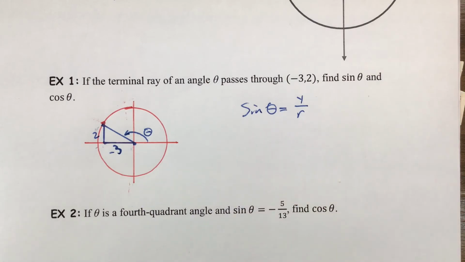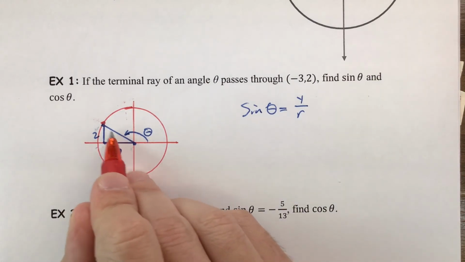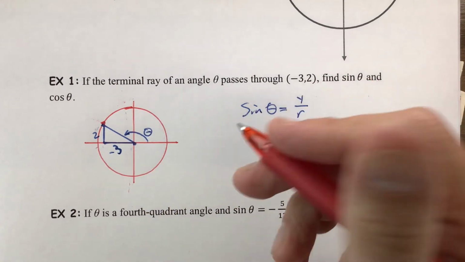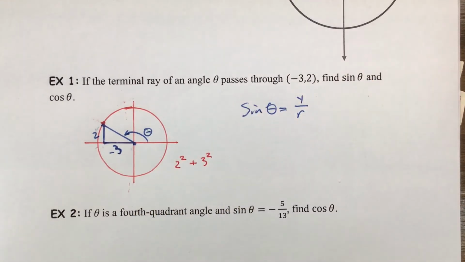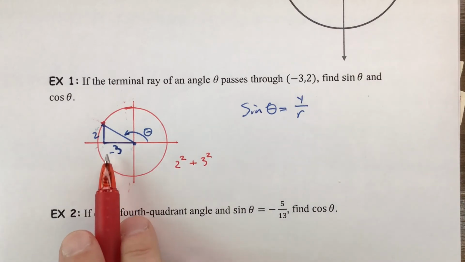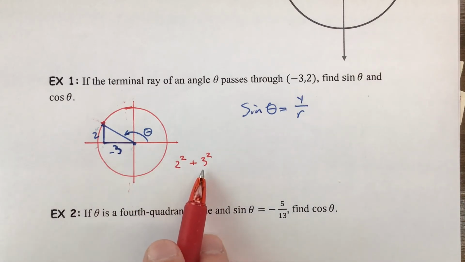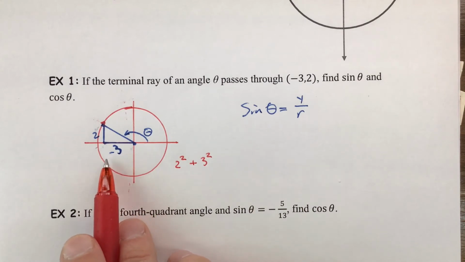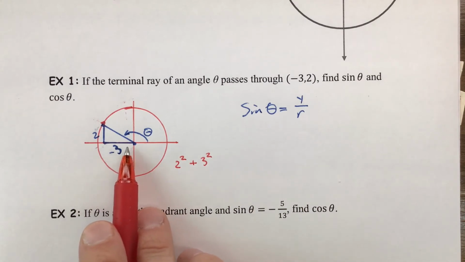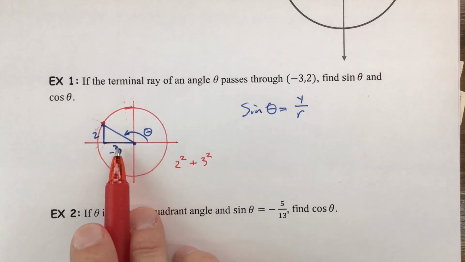As a little bit of side work, we're going to figure out what that radius is, and that's just using the Pythagorean Theorem. We take 2 squared plus 3 squared. Notice I did not use -3 squared, because -3 times -3 becomes positive anyway. It is important that in the diagram you know this as a -3, and that's going to pop up in a moment.